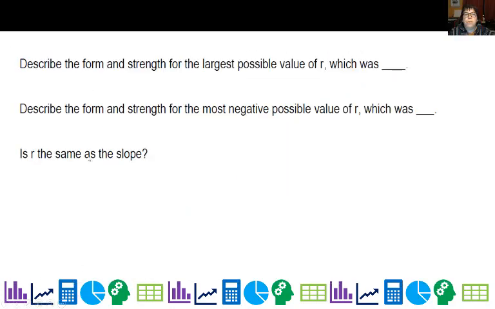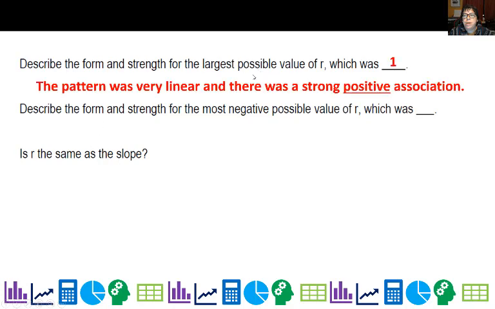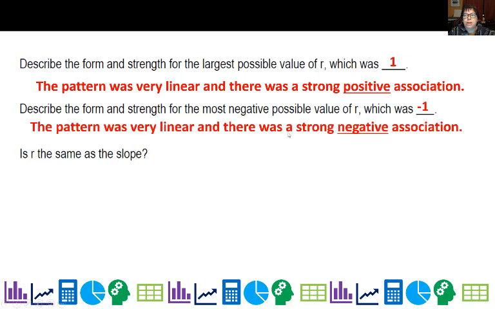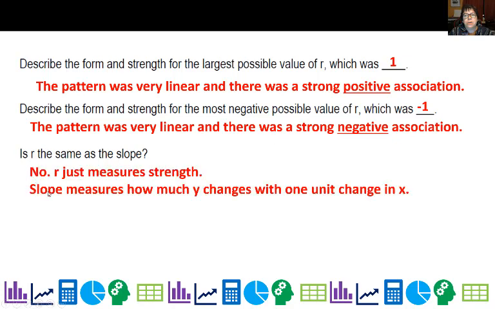Okay, so first of all, what was the form and strength for the largest possible value of R? It was 1. And the form was very, very linear, and there was a strong positive association. For the most negative value, that was -1. It was still linear, and that was a strong negative association. Is R the same as the slope?